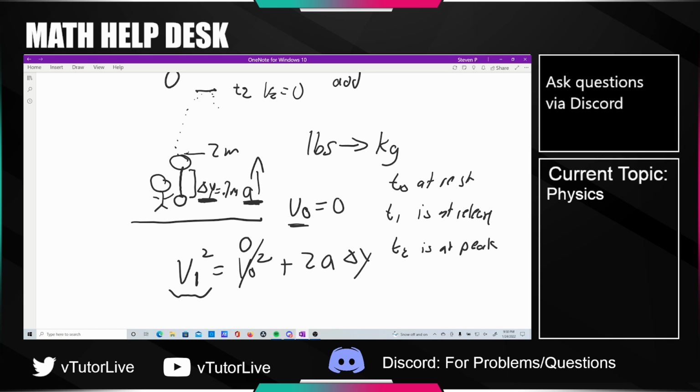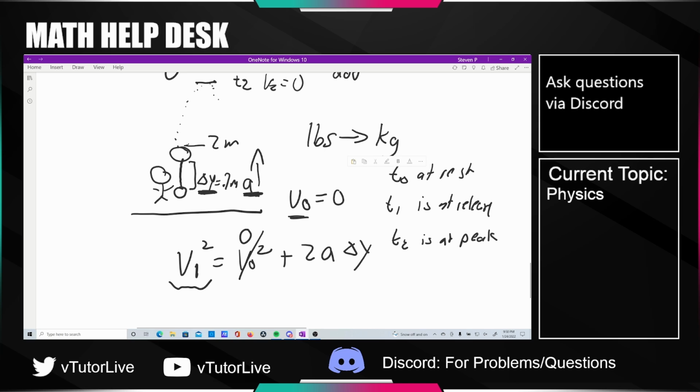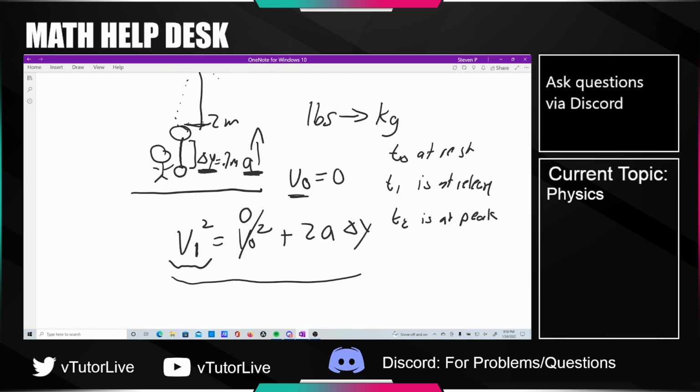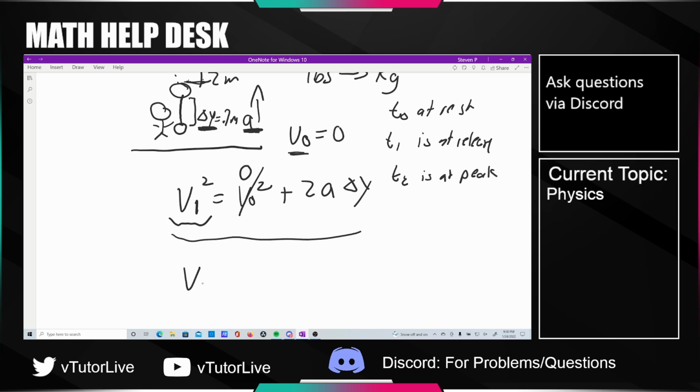So I think, again, one of the equations is going to be a lot more promising than the others. If we want to know the total height differential from the point of release all the way up to the peak, I think this exact same kinematic equation is going to be most useful for us. Because that's basically saying v2 squared, which is just 0, is equal to v1 squared plus 2a change in, I'll call this y, 2 comma 1, to indicate that it's the change in y from time 2 to time 1.